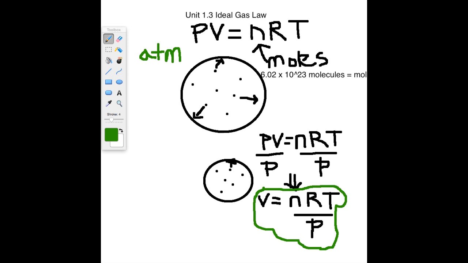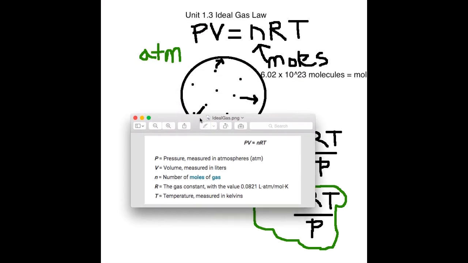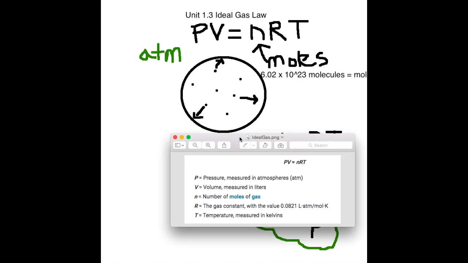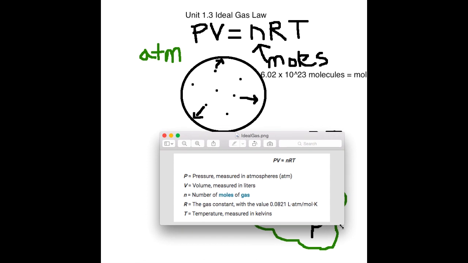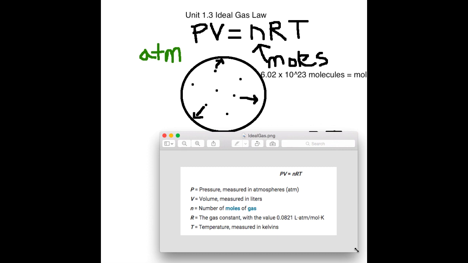So I'm going to bring in real quick. Let's see if I can get it in here. Okay, so this is what you're going to need. And this you'll see in your reading. In fact, I copied it from a spot in your reading.